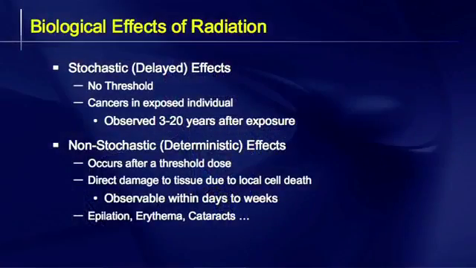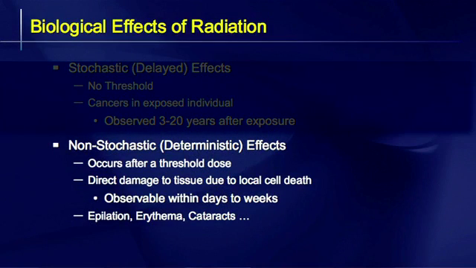When we talk about low-dose diagnostic radiation, we're talking about two main levels of effect. One is the so-called non-stochastic or deterministic effects, and these occur almost immediately following a larger than normal dose of radiation. This kills cells and the effects are almost immediately evident.